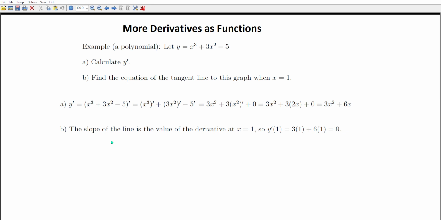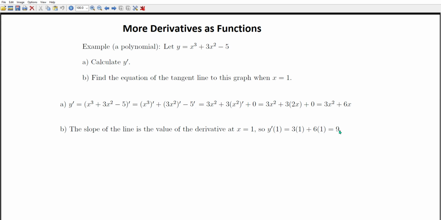Now we want to find our tangent line, and the slope of the tangent line is the value of the derivative at the place we're interested in, which is x equals 1. So you plug x equals 1 into the derivative, 3x squared plus 6x, and we get 3 times 1 squared plus 6 times 1, which is 9. So that is the slope of our tangent line.